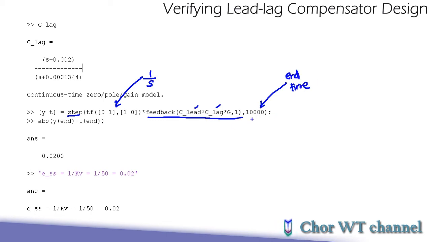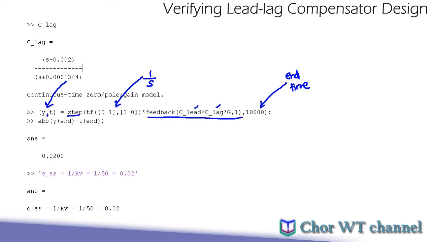I set it to be large enough so that we can capture the steady state response. This command will generate the ramp response until 10,000 seconds, and you store the output values into these two variables.